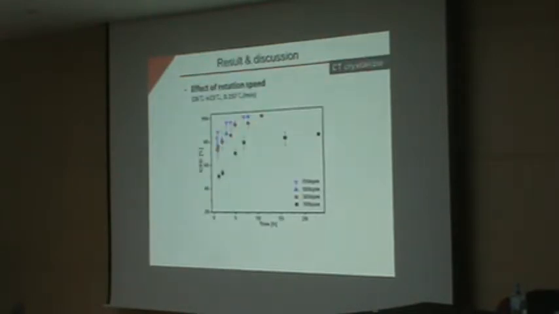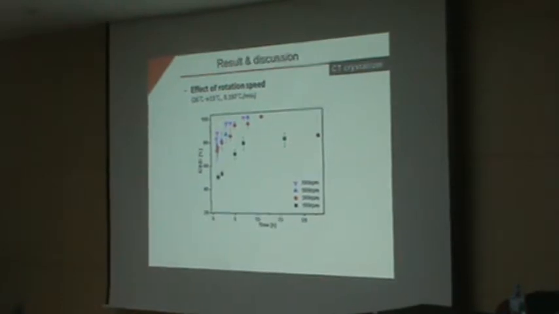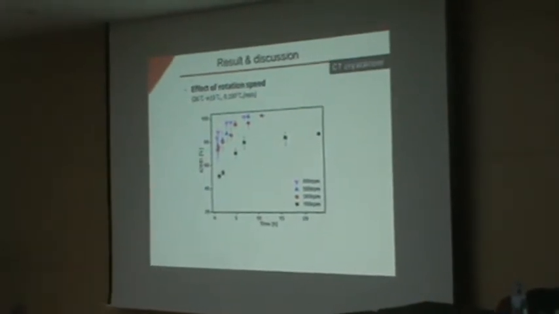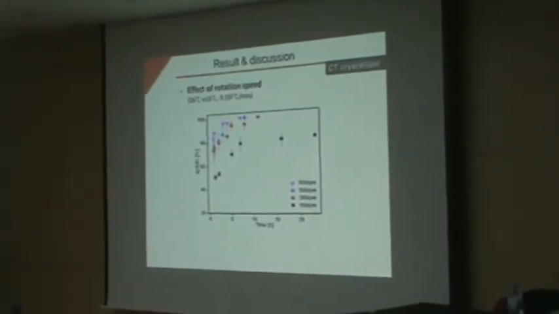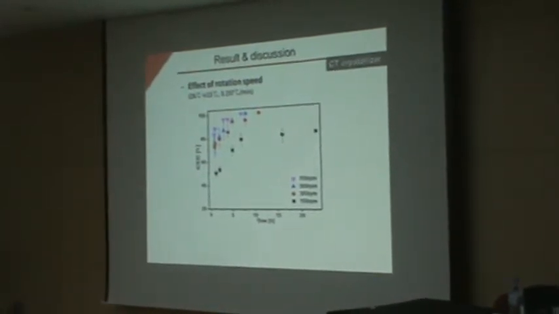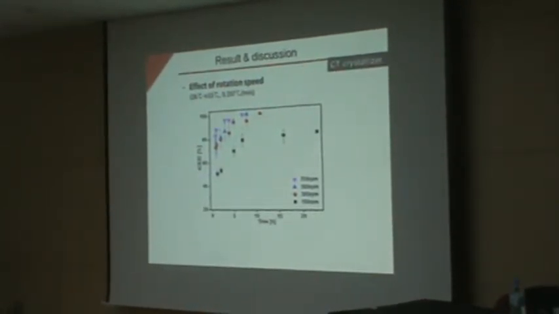Now let's move to the results in the CT crystallizer. Here shows the effect of the rotation speed during cooling crystallization. As you can see in this figure, firstly, the CEE achieved at the induction point we checked as the initial CEE. Here, at a rotation speed of 100 rpm, we can find that about 50% CEE was achieved.